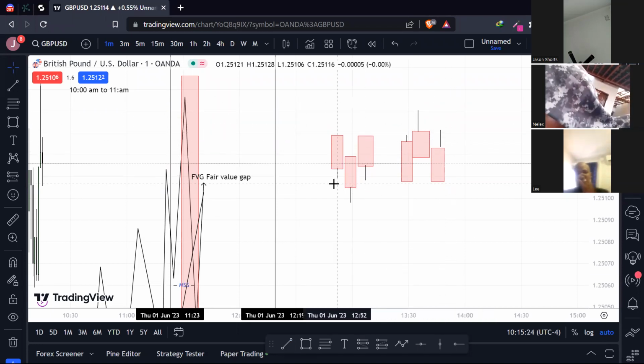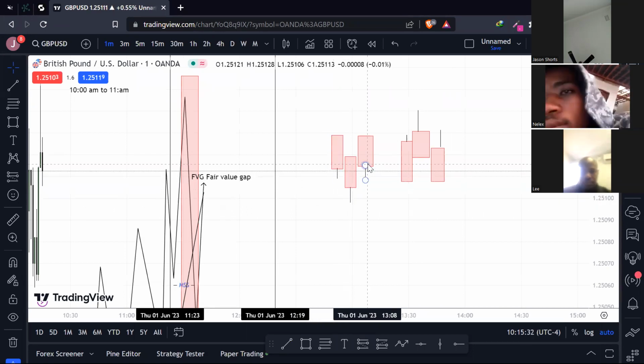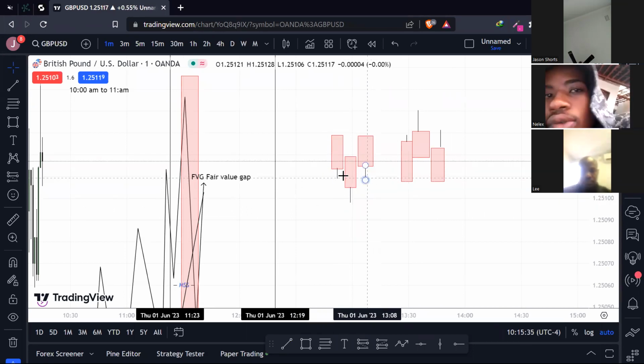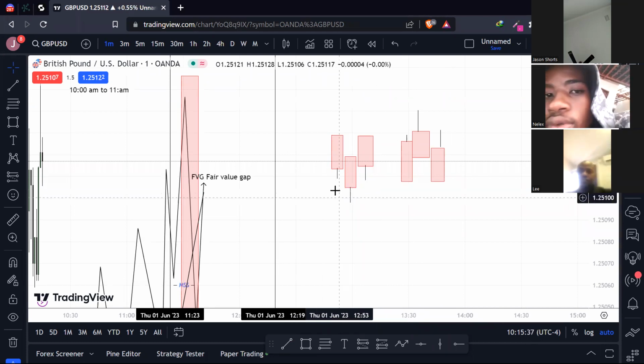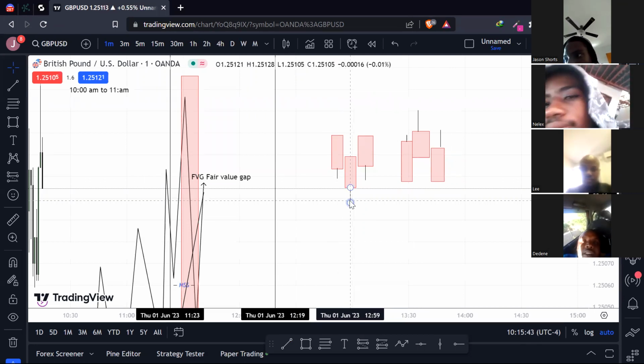Why is it called a swing low and swing high? Because there's a candle with a wick here, and on the left and right there are candles with wicks lower than the wick in the middle.